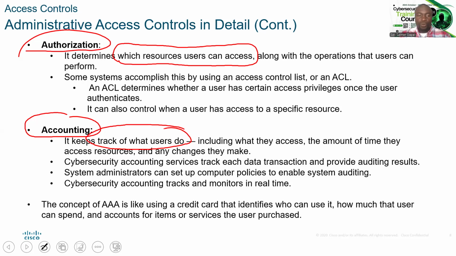So it keeps a track of how the person was able to access, the amount of time the person accessed the resources, and if the person has made any changes on that particular resource or on that particular network, they know that. So cybersecurity accounting services track each data transaction and provide audit results.